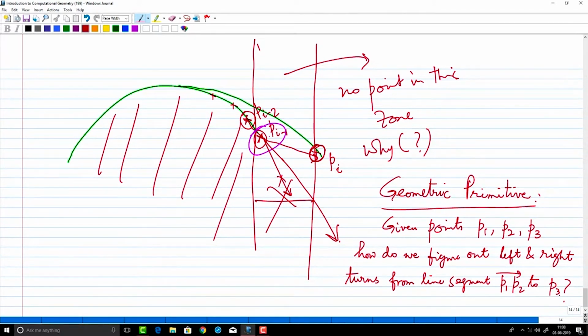Now, you remember area of triangles, right. Sometimes if you computed the area of triangles, sometimes it came positive, sometimes it came negative, right. So, remember this thumb rule.